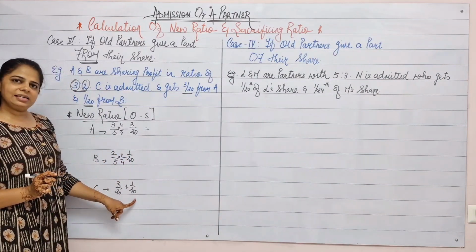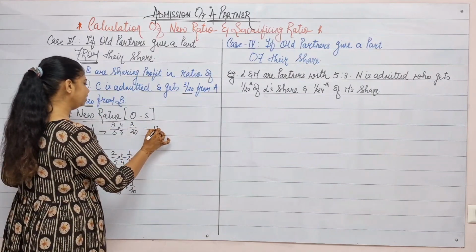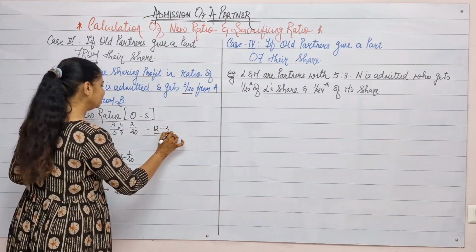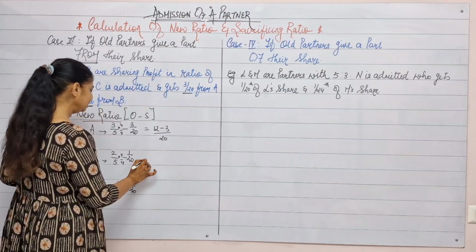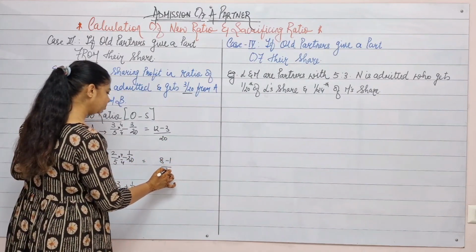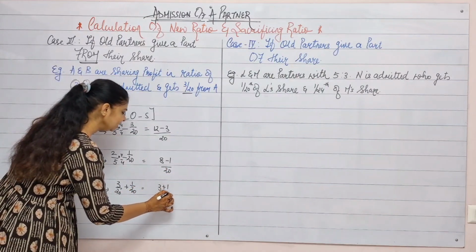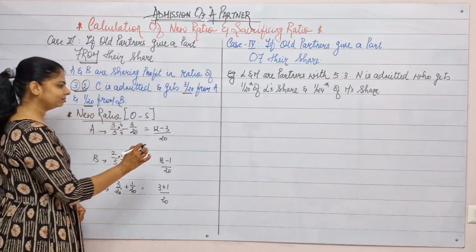Here also ऊपर नीचे 4. Here the denominators are already same. So 3 into 4, 12, minus 3/20. 4 into 2, 8, minus 1/20, and 3 plus 1 over 20.